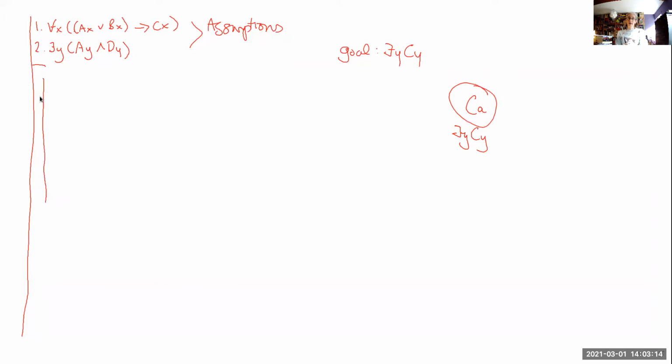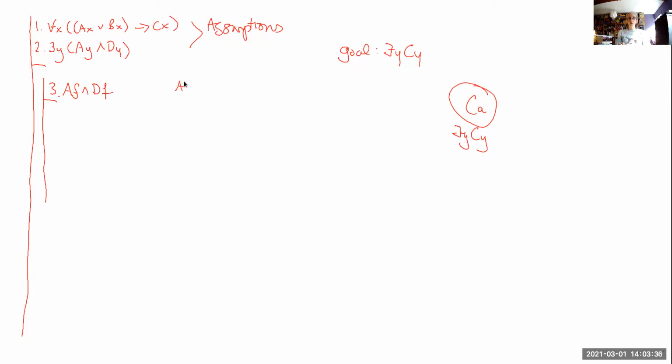Let's start with it. The way to eliminate an existential is to start off with an assumption about what this object is named. So I am going to name it F because we aren't using F's elsewhere, and this will make saying it out loud easier.